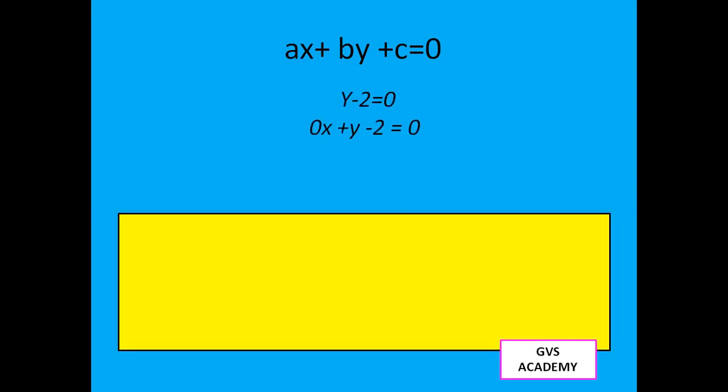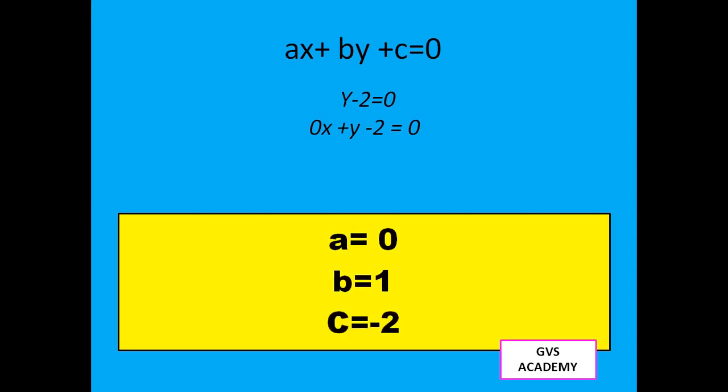Next one. y minus 2 equal to 0 is given. So no x is here. So 0x plus y minus 2 equal to 0. So a is equal to 0, b is equal to 1 and c is equal to minus 2.